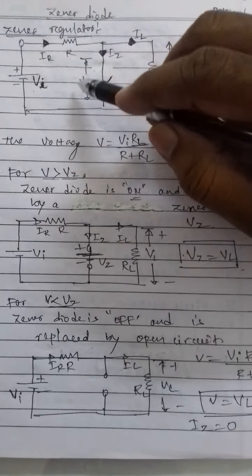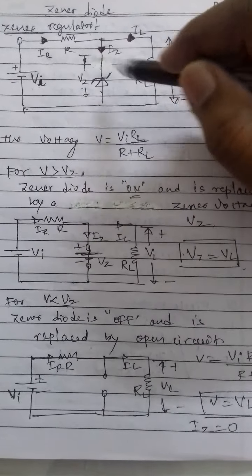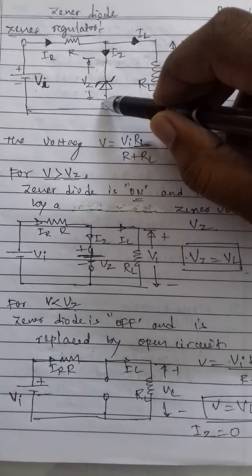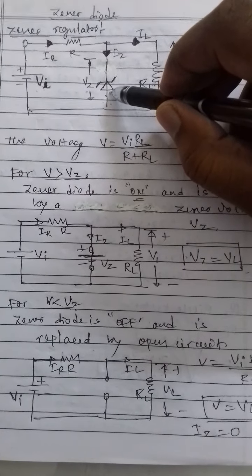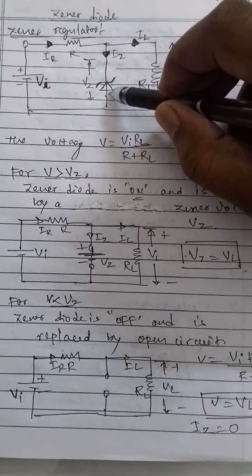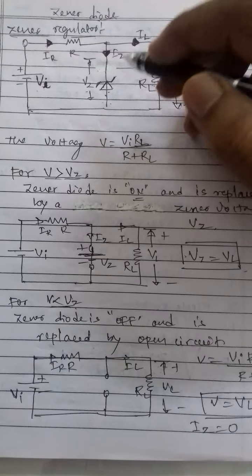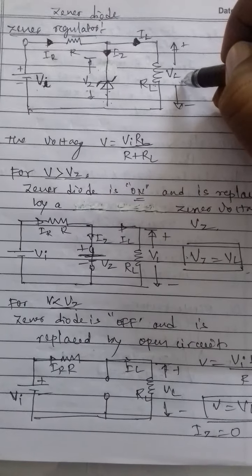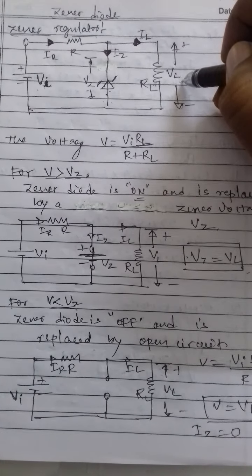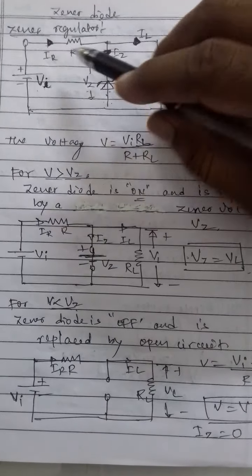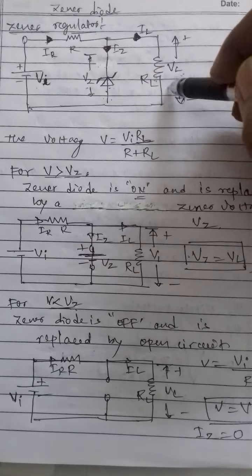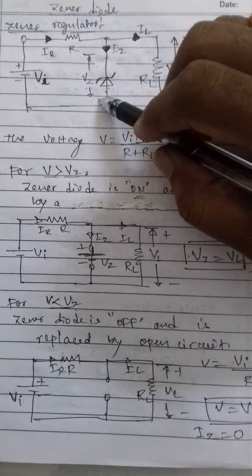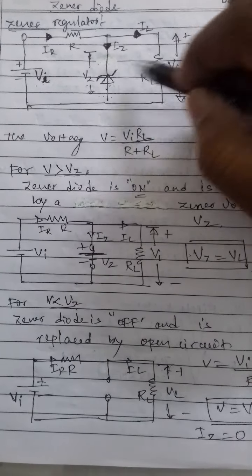Now, how does that Zener regulator work? One of the characteristics of the Zener diode is that it maintains stability in the output voltage. Whatever the changes in the input, the voltage across the load will remain the same.